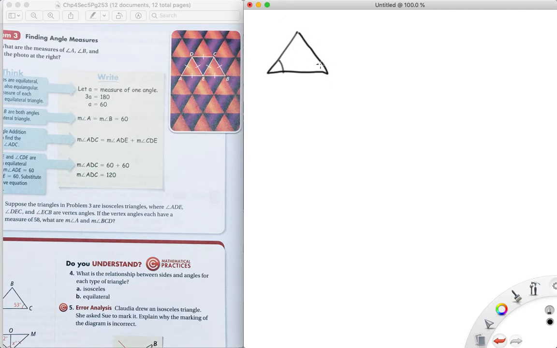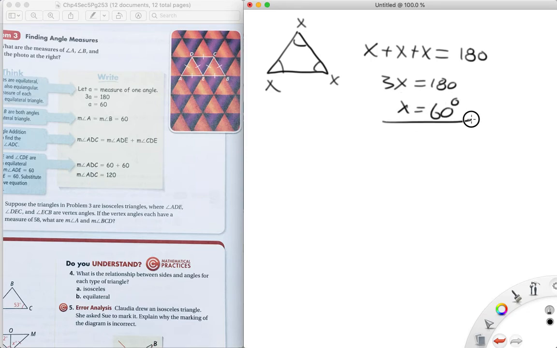Meaning all the angles are the same. So we can call this angle X, angle X, angle X. We know that the sum of angles inside of a triangle equals 180. Combine like terms, divide by 3, X is equal to 60. This is always the case.